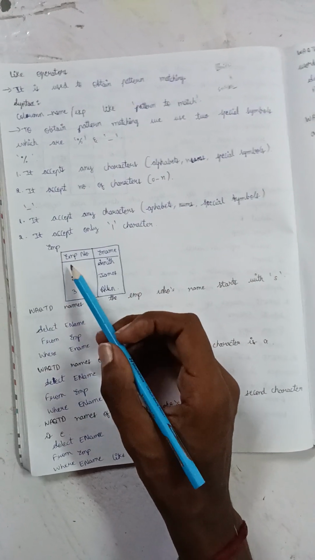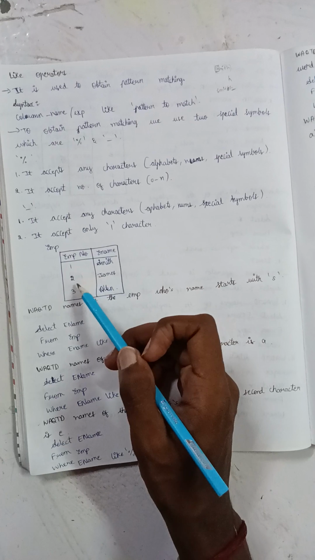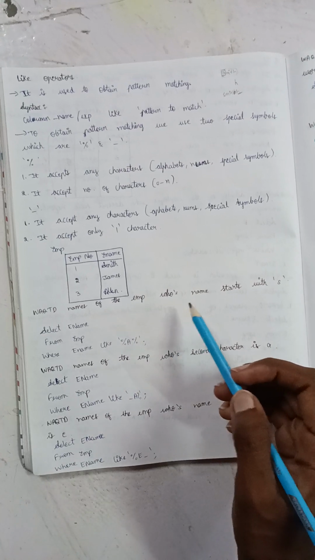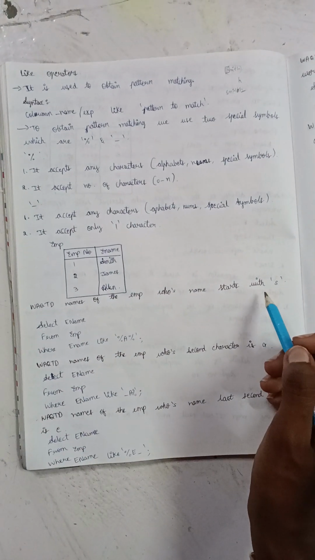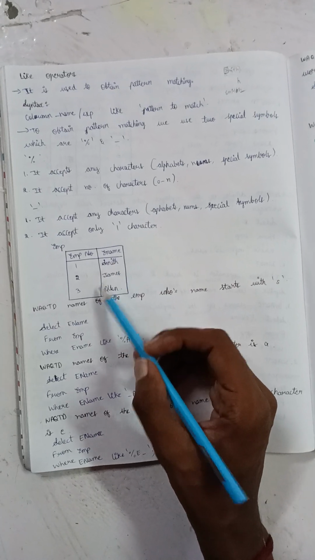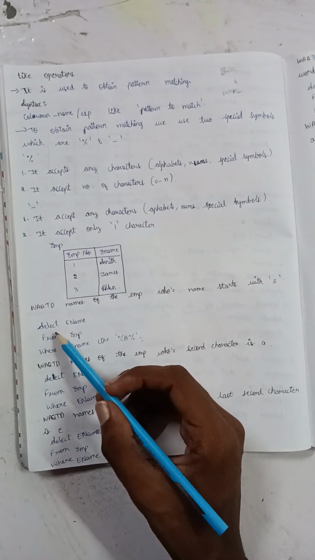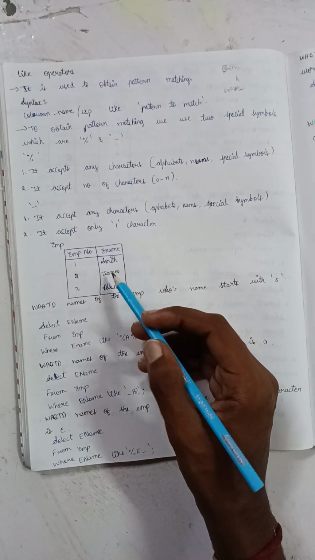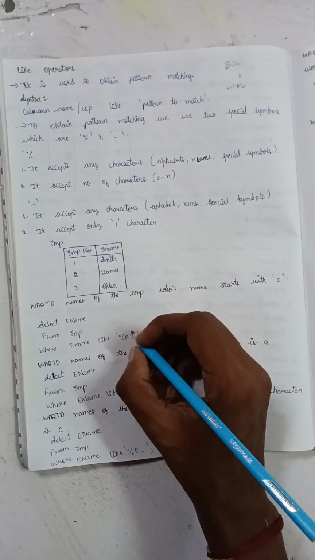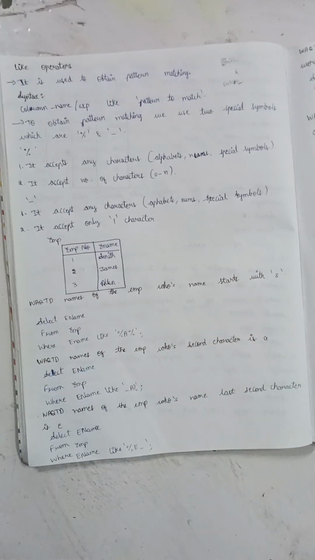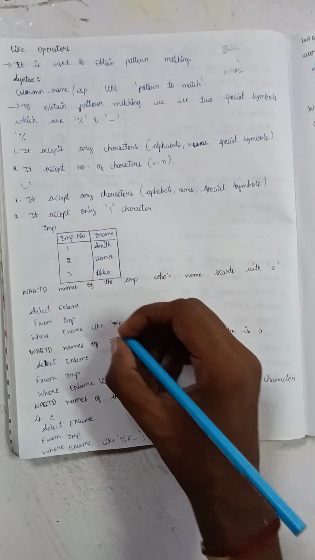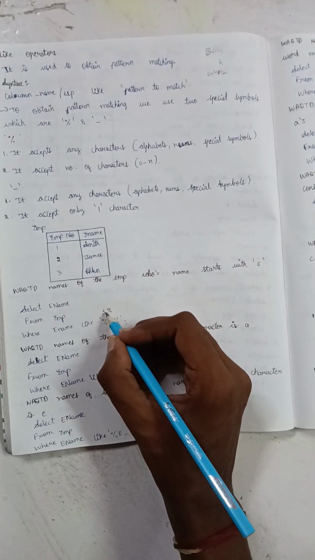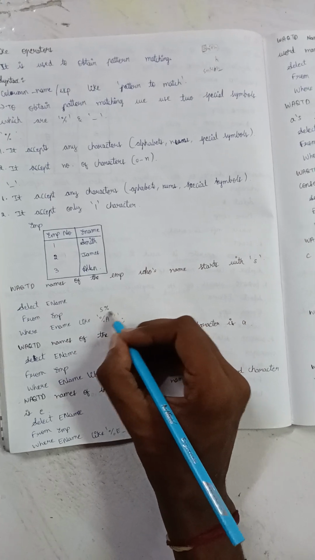For example, employee table: employee number, ename: 1 Smith, 2 James, 3 Allen. Write a query to display names of the employees whose name starts with S. So select ename from EMP where ename LIKE 'S%'. The starting letter will be S and percent will accept any characters.